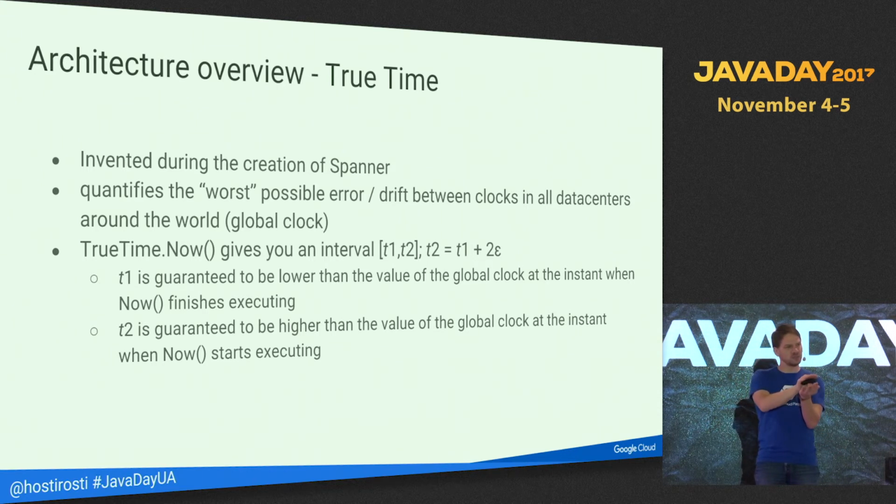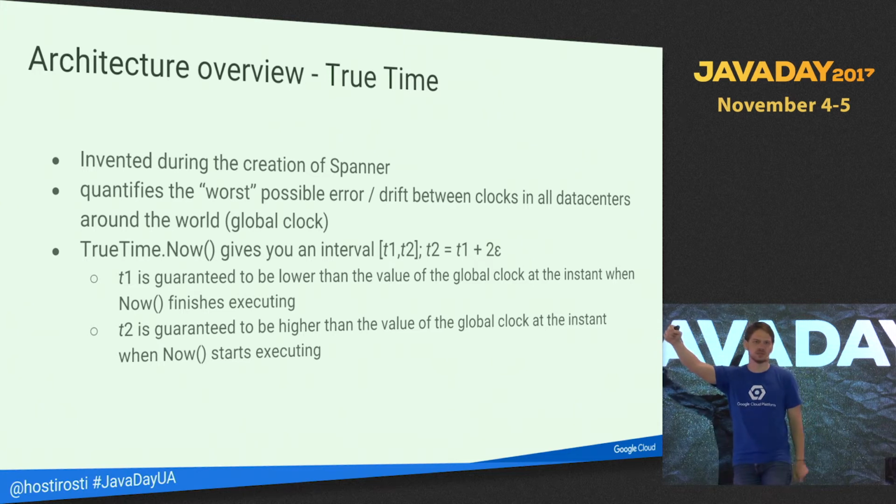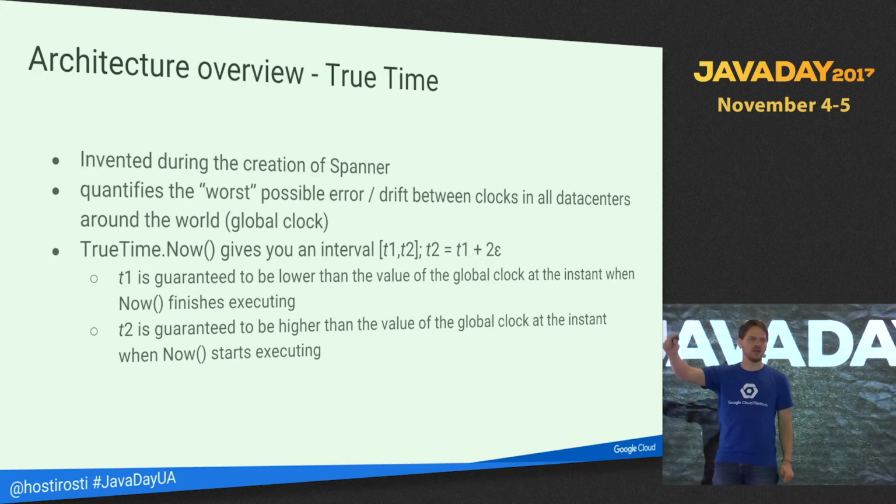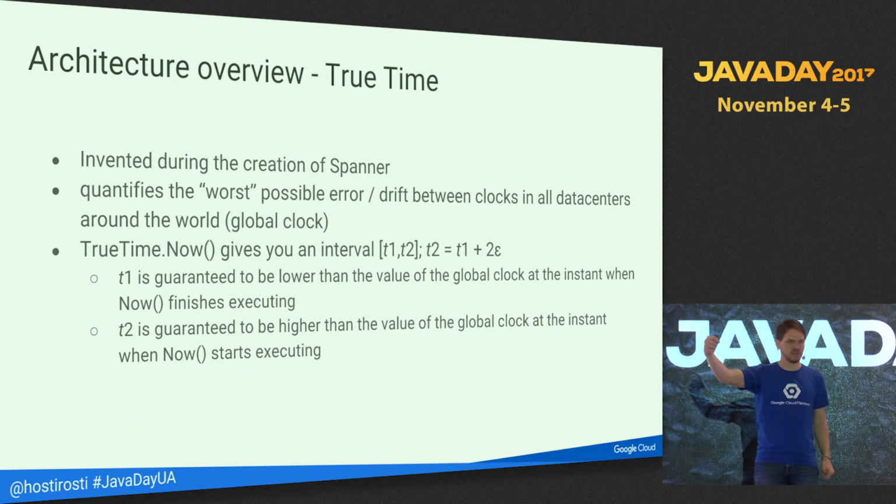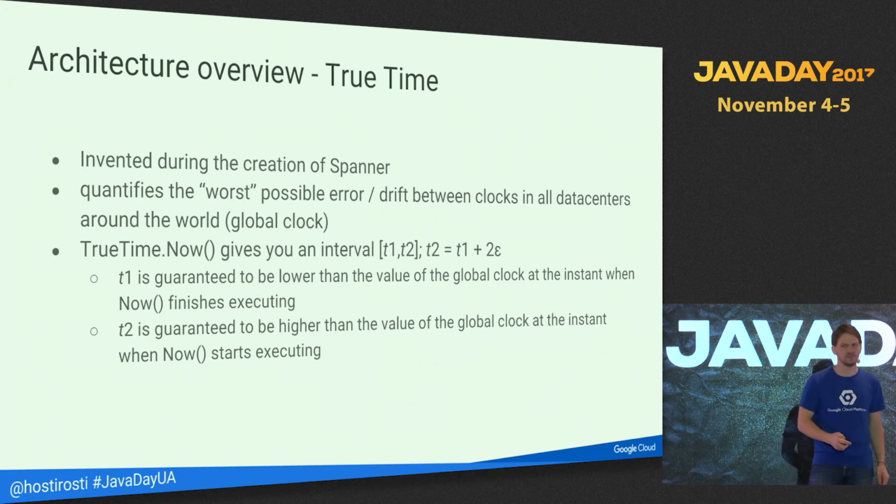If this interval is very small, our database can be fast. Because if you do a commit, you basically choose this commit timestamp in the future, and you wait out the time till this has passed, and then you do your commit. So if you have a large epsilon, you have to wait a long time to actually do your commit.